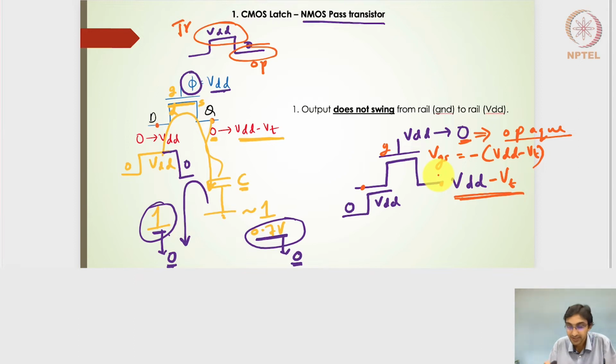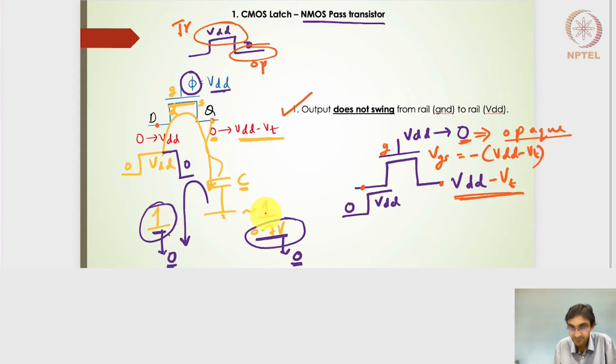But there are some disadvantages, and let's have a look at them. The first disadvantage is the output doesn't swing from rail to rail, right? The output reaches 0 perfectly, because the NMOS pass transistor passes a successful 0. But when the input is at VDD, the output actually reaches only 0.7 volts or VDD minus VT.